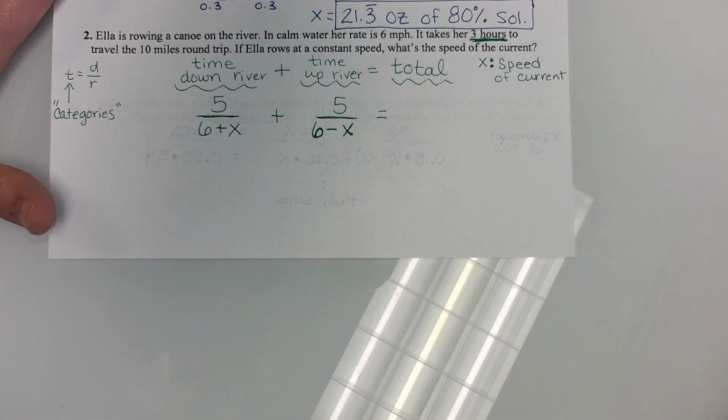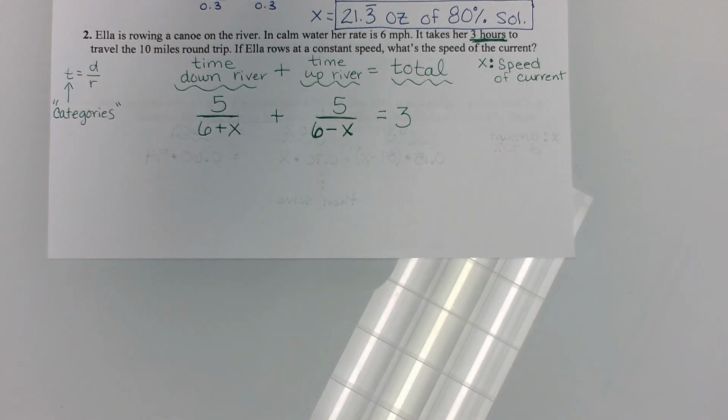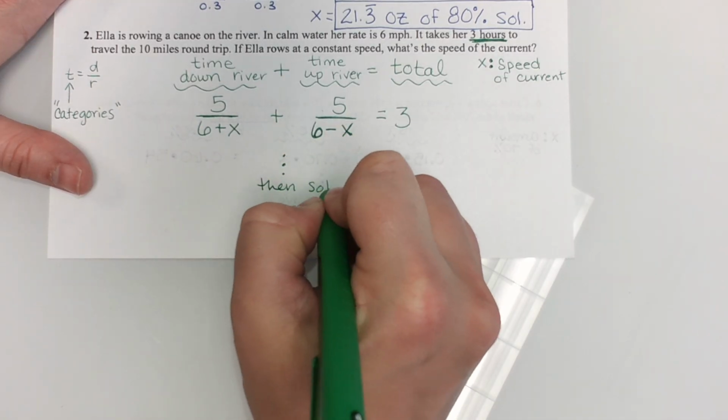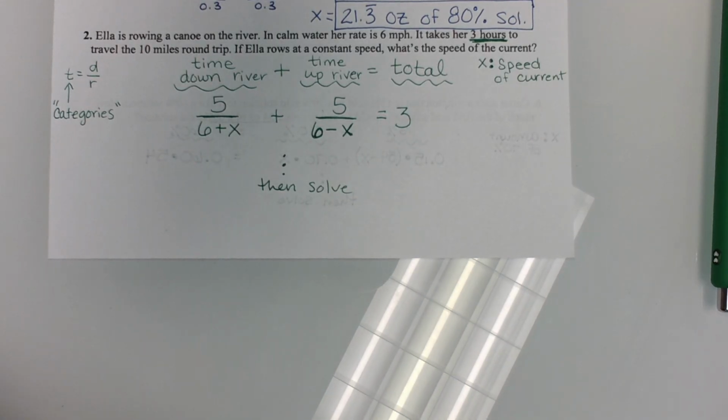What do we know about total time? It's 3. Distance, rate, time problems are created by making these fractions. Guess what? You solve these the same way you did yesterday. For the sake of time, we're stopping on that problem right there.